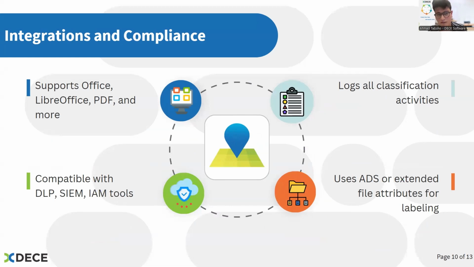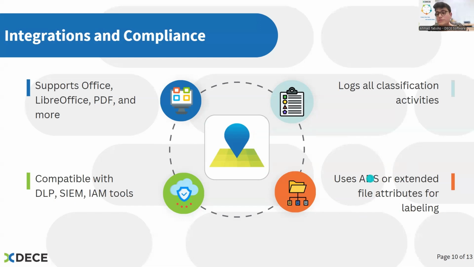GeoDi has the ability to work on Office documents in a super easy way through the add-on. And also, documents like TXT files or photos, PNGs, whatever the extension is, are classified by a process called ADS because they do not support the add-on process.